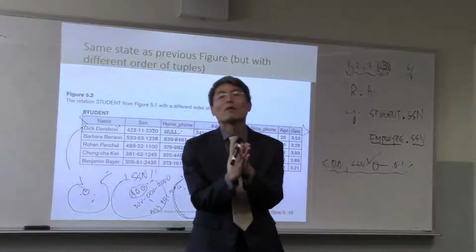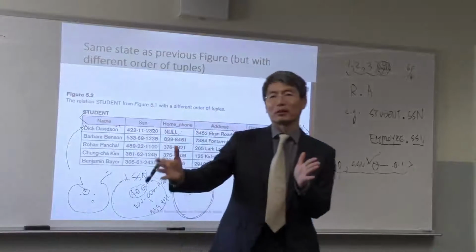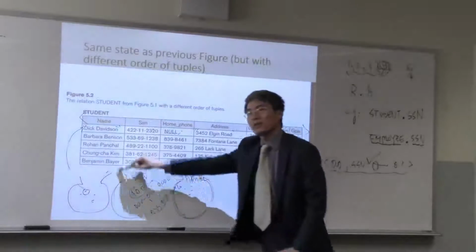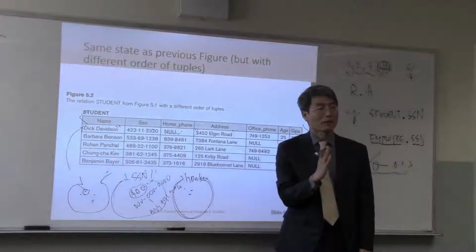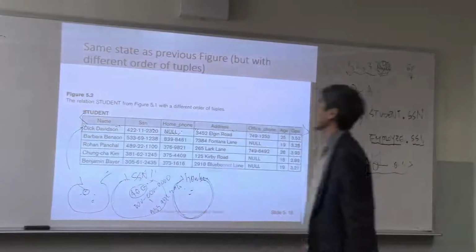It's also very hard to manage, and it takes time to manage such multi-valued data. So when we define the relation, we do not allow multiple values, only atomic values. That is another characteristic of the relational model.